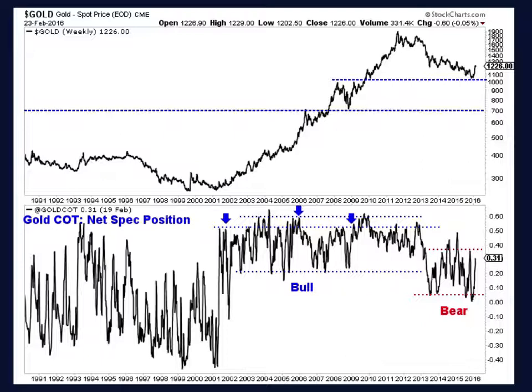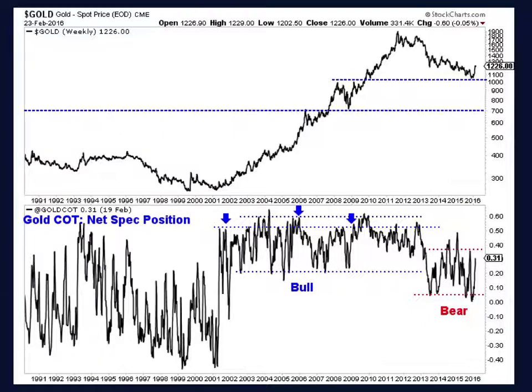Again, we haven't seen that since 2001, although at the recent low, the net spec position, I believe, was very close to zero. I think it was 0.4% or 0.3%, something like that. So basically, the speculators were essentially neutral at that point.